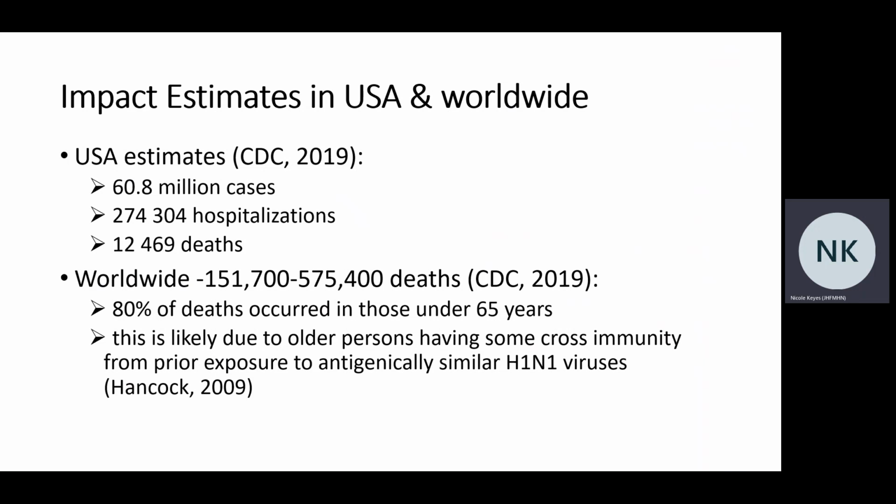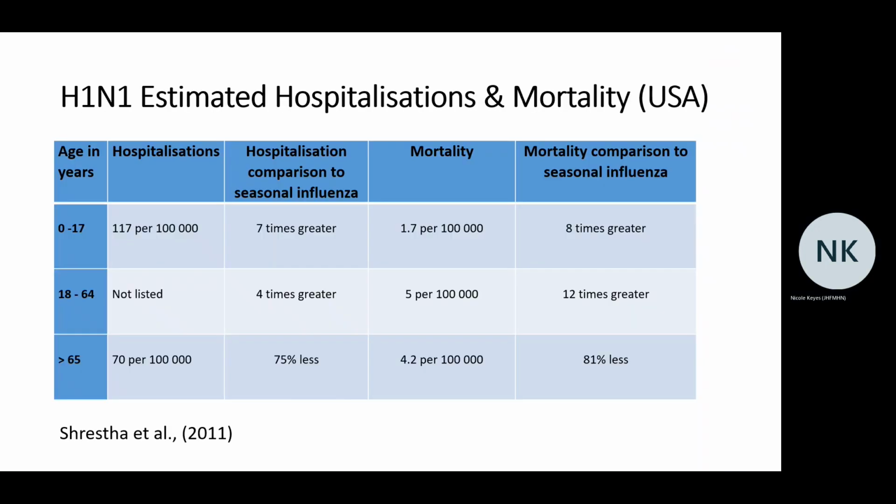Now, this is different compared to seasonal influenza, where we see the largest morbidity in those over the age of 65. This is likely due to older persons having some cross-immunity from prior exposure to antigenically similar H1N1 viruses in the past, which offers them some protection against the 2009 H1N1 virus.